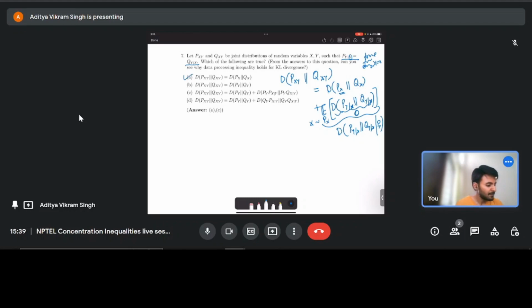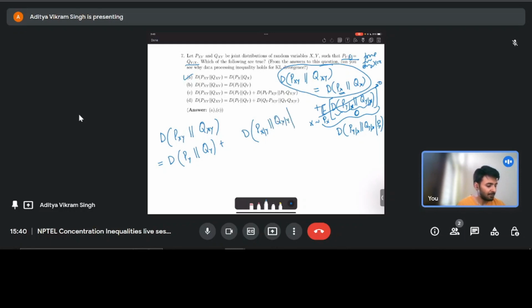So A would be correct. On the one hand we have this, because this is 0. On the other hand, we can apply the chain rule, by first taking out P_Y, Q_Y instead of P_X, Q_X, plus P of x given y, Q of x given y, where y is coming from P of y.